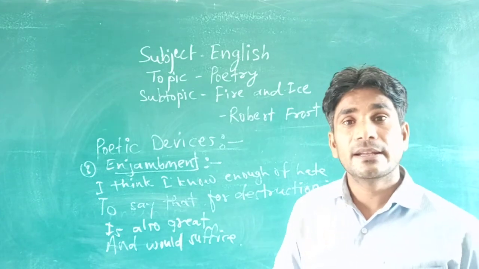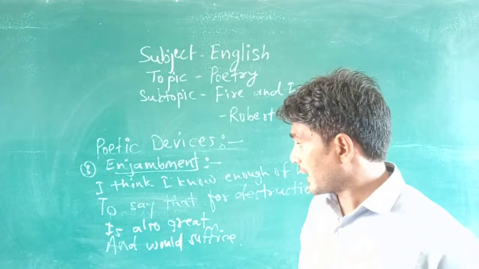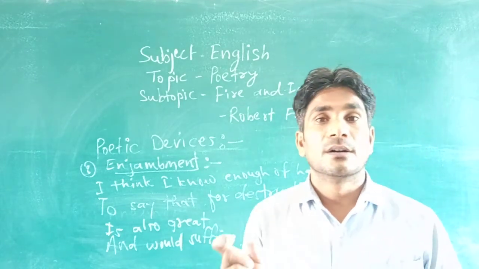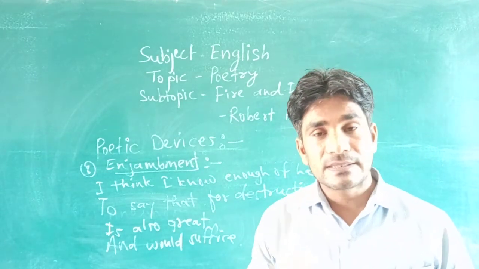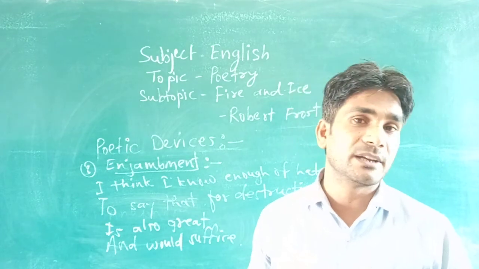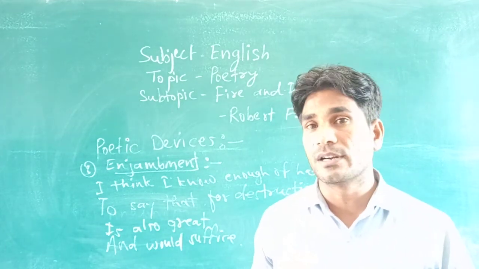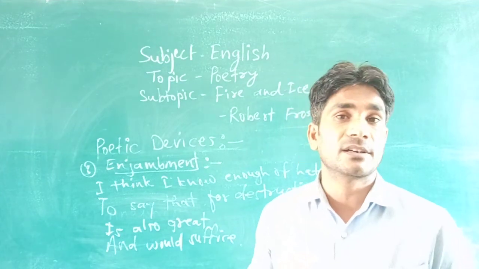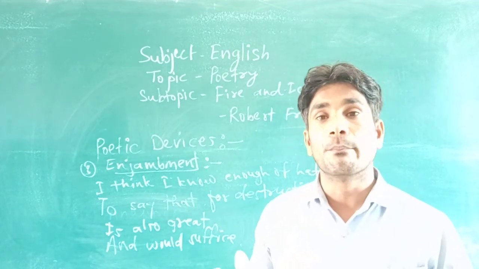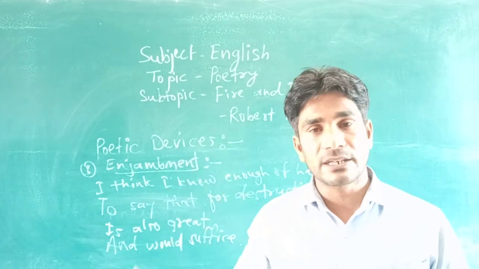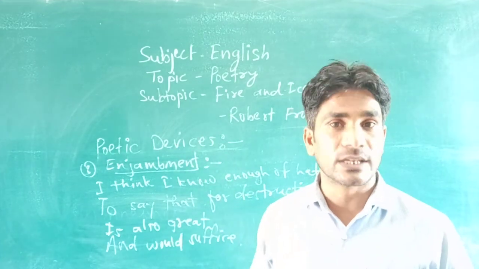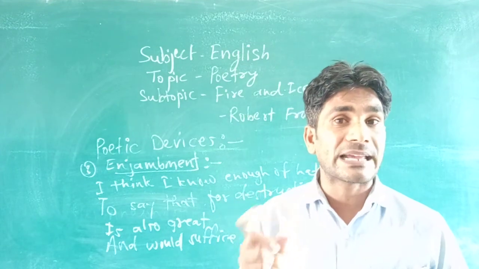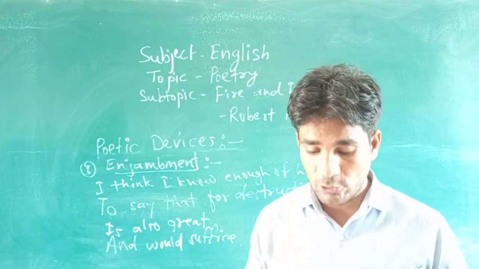Besides that, assonance is also there. Assonance is when a vowel sound is repeated in the same line. It could be at the beginning of a word, in the middle, or at the end. It doesn't matter what the position of that vowel sound is, but if it is repeated in the line, it is called assonance. Look at the last line of the first stanza.